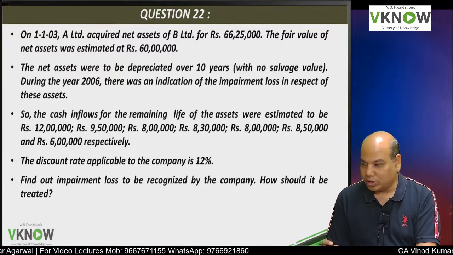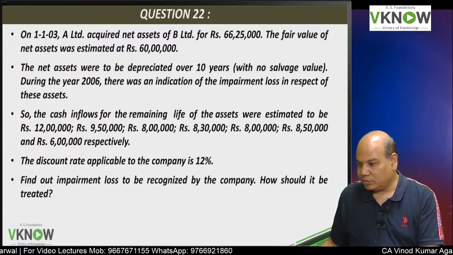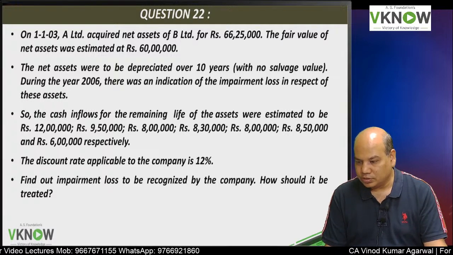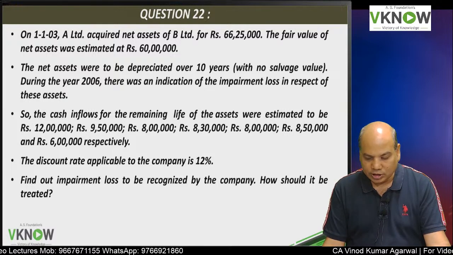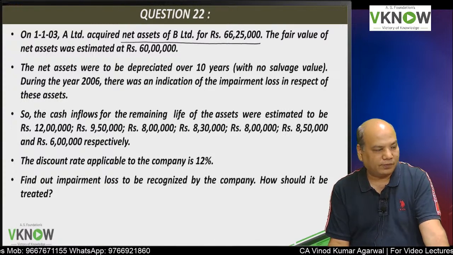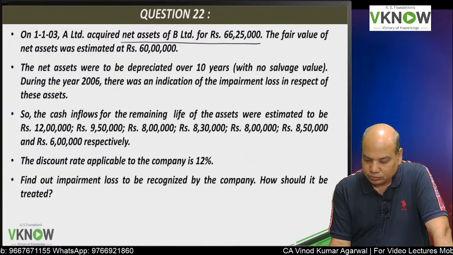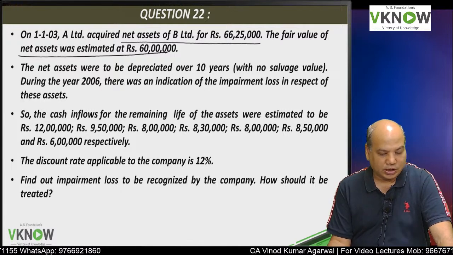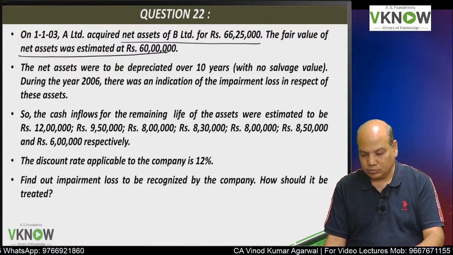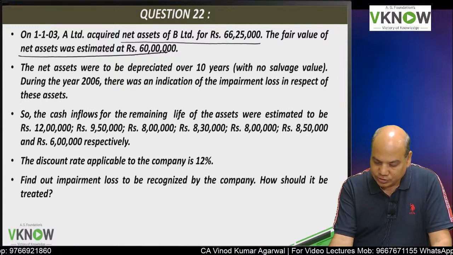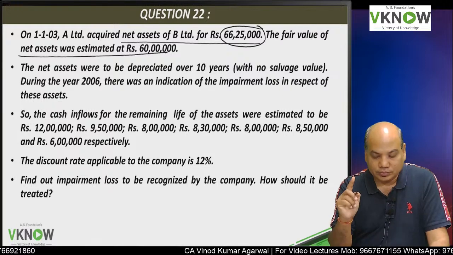Keep the calculator ready and you will be able to enjoy question number 22. On 1/1/2003, A Limited acquired the net assets of B Limited for 66,25,000. The fair value of the net assets was estimated at rupees 60 lakh. So the total consideration paid is 66,25,000.